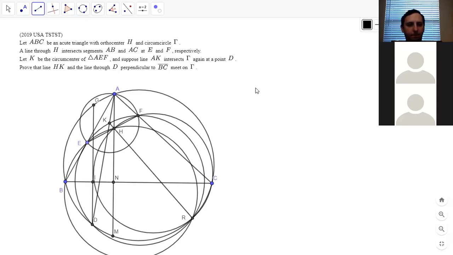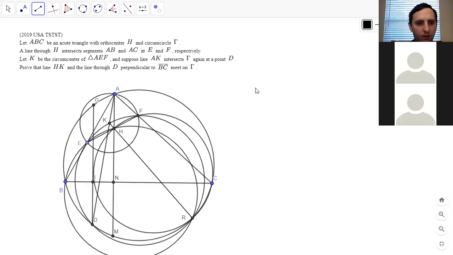So we have KE and KF tangent to, KE tangent to circle BEH. That's probably just an angle chase, right? Yes, and so we have KE square is equal to KH times KR. Mm-hmm.